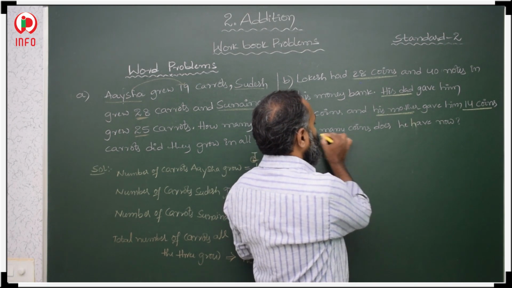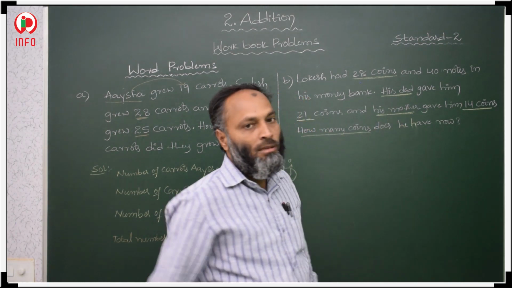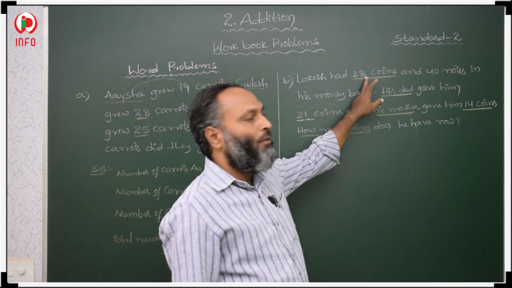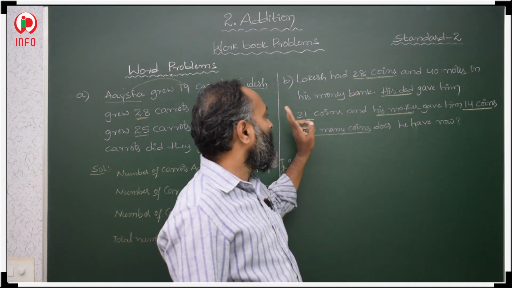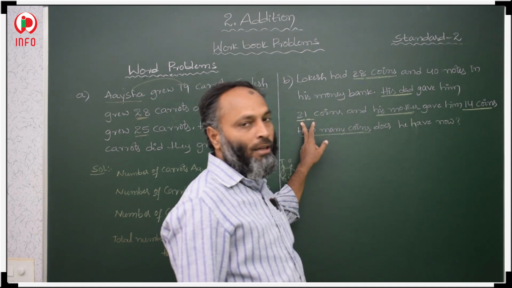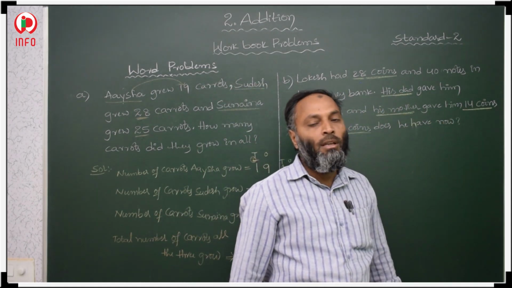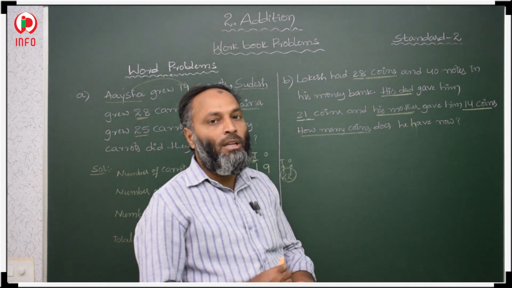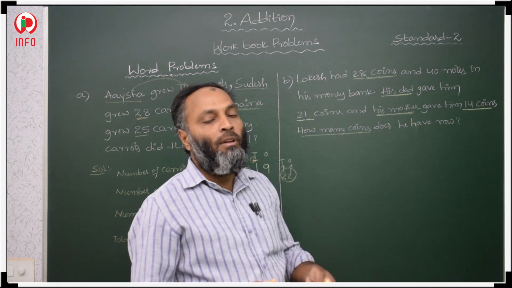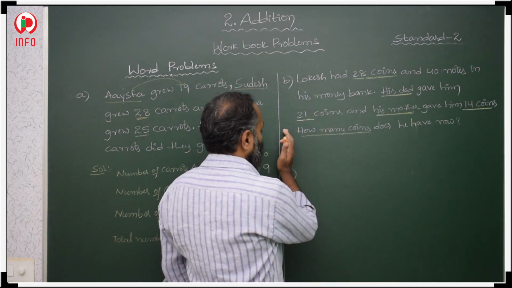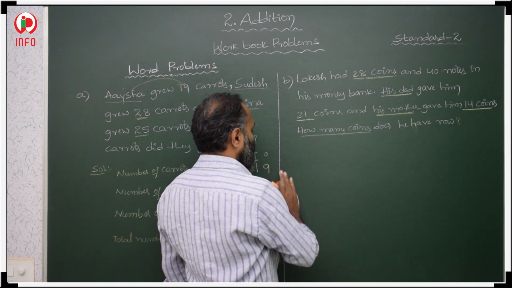So first, how many coins is he having in his money bank? 28 coins. And how many coins did his dad give him? 21 coins. Then how many coins did his mother give him? 14 coins. So then we need total coins. Whenever total is there, we have to add.